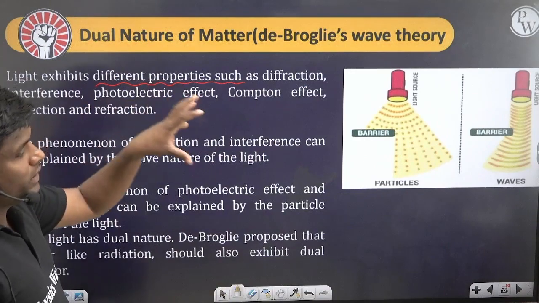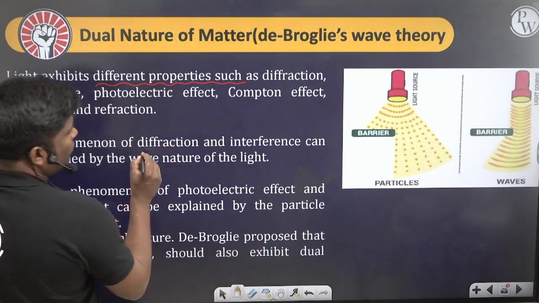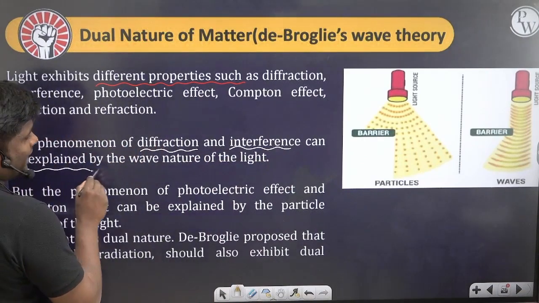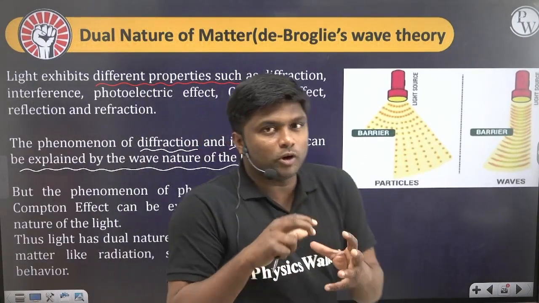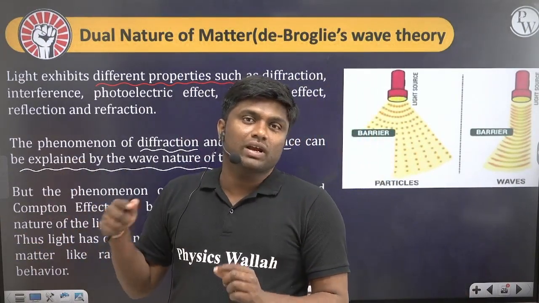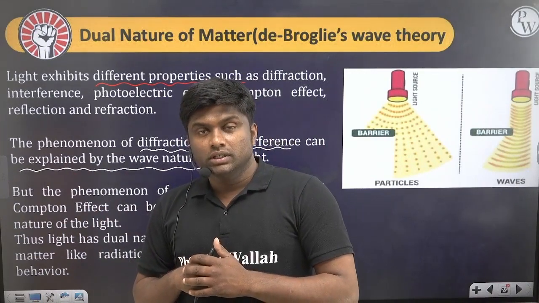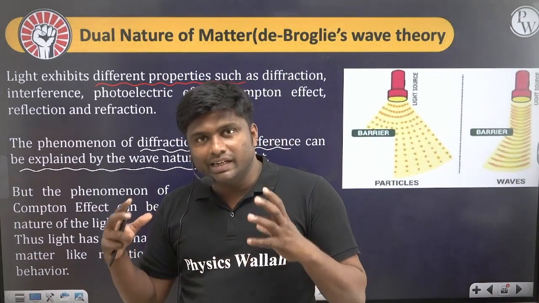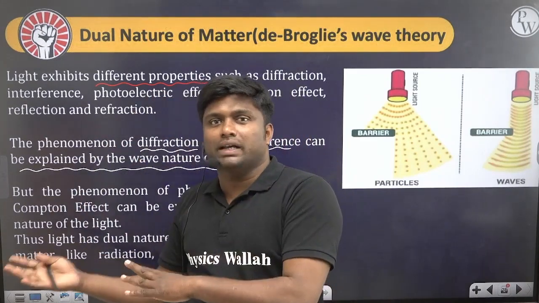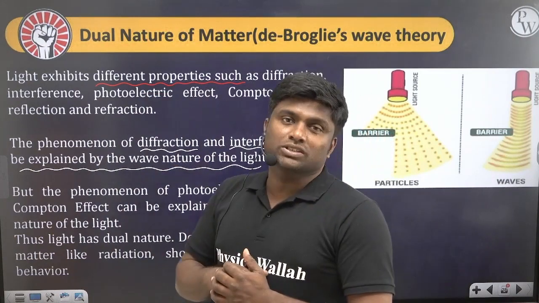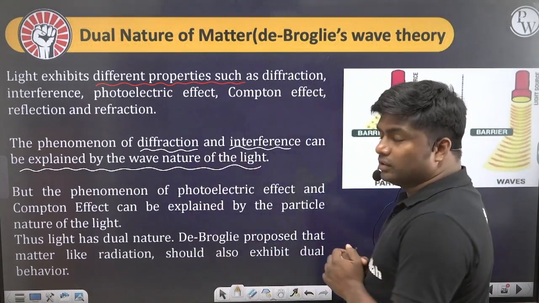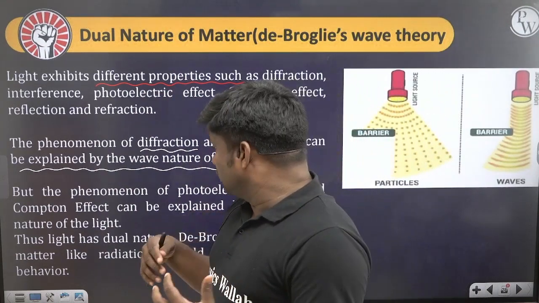Some of these properties are explained by the wave nature of light, such as diffraction and interference, and some are explained by the particle nature. It means they concluded that light or electromagnetic radiation has wave nature as well as particle nature. This was said by Planck's quantum theory. That is what is called dual nature.